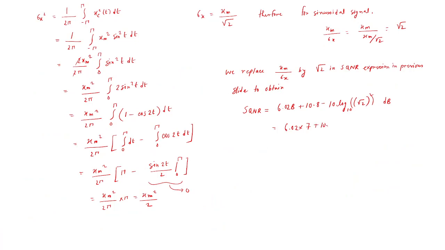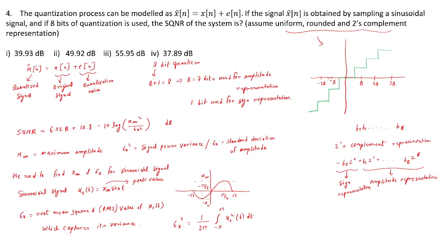Plus 10.8 minus 10 log 10 to dB. And that results into 49.92 dB. So for this system, the SQNR comes out to be 49.92 dB.